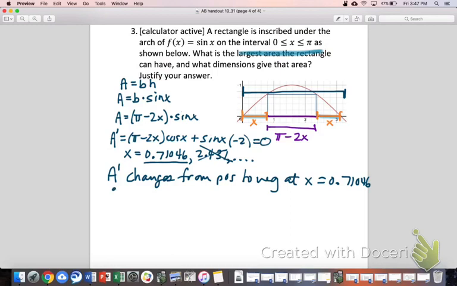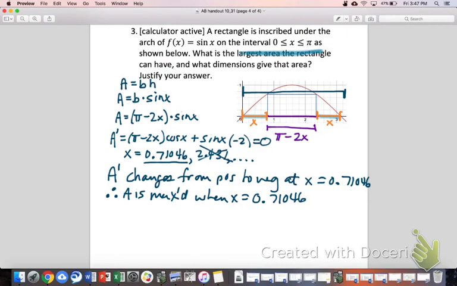And so we can say, therefore, area is maximized when x equals that critical number, 0.71046.